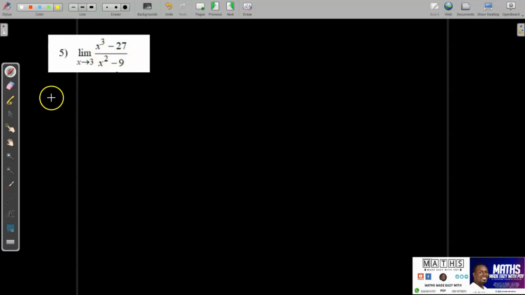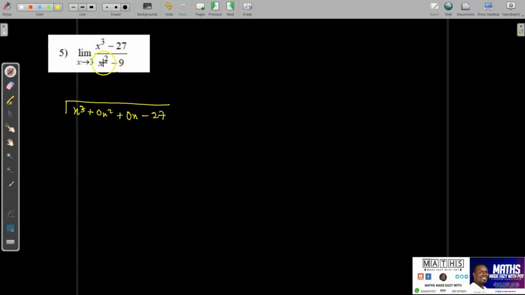Therefore, dividing it, we'll use our long division method. s cubed minus 27 can be written as, and remember, when you are using the long division method, you always need to write down all the missing addends. So we have s cubed plus 0x squared plus 0x then minus 27.